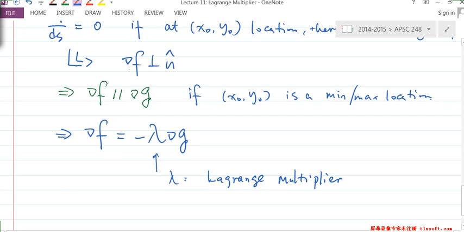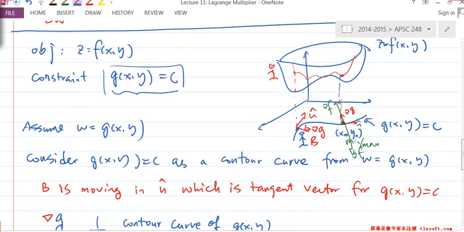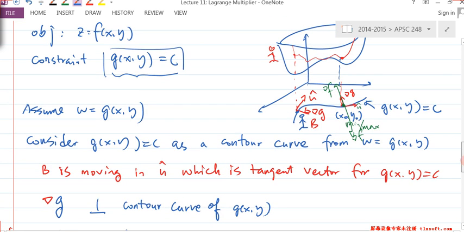What this is good for is that now we connected the function f, which is the original objective function, and this constraint function g, together using this relationship. Okay? This is basically enough now, but maybe I'll just extend this idea slightly.